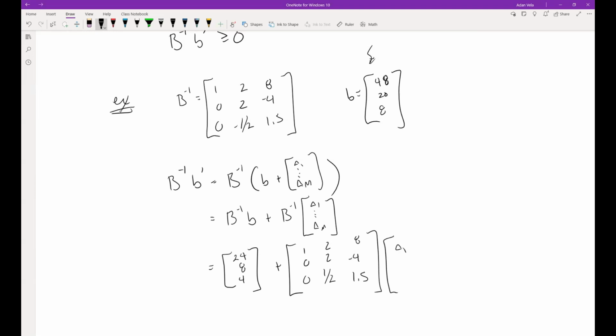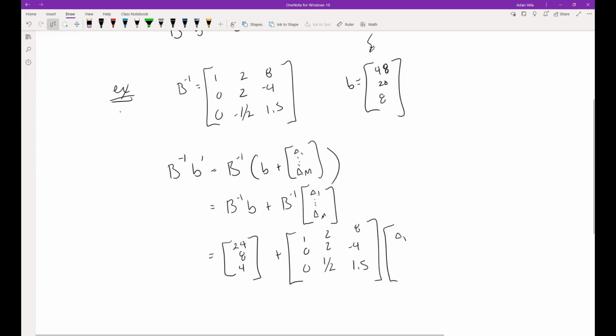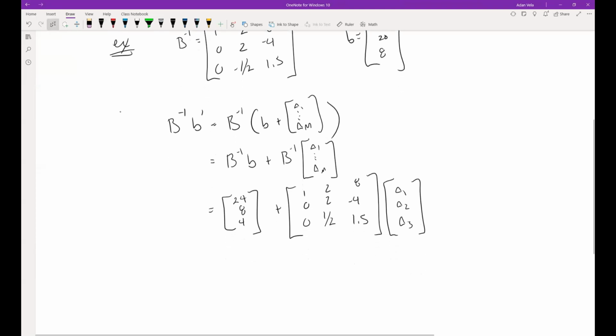So we can sort of fill this in. And in this case, we only have M equations. So we have delta 1, delta 2, and delta 3. So we can go ahead and go through these multiplications, right?